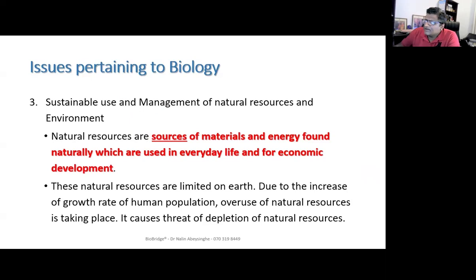So if you produce solar energy, there are solar panels. From that you can produce energy, electricity. Then the natural resource involved there is sunlight, and that's a renewable resource. Those things will be mentioned in the ecology as well. And if you take furniture, to manufacture furniture, you need wood.